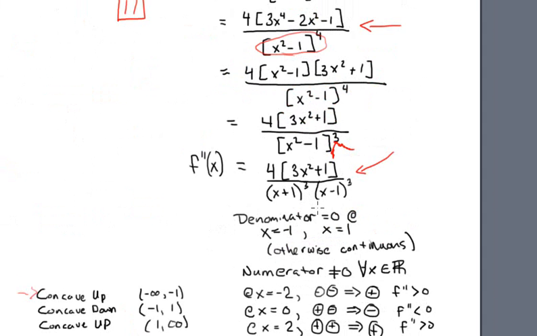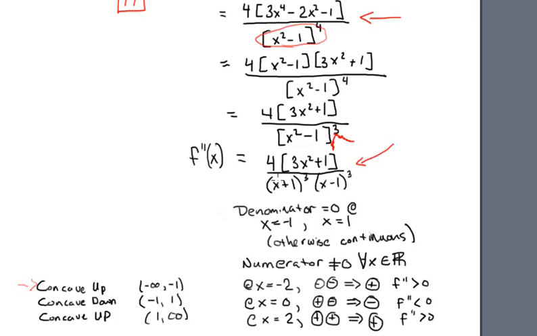And for the other two, if I use a test point of 0, if I throw 0 into here, I get 0 plus 1, 1 cubed, positive, 0 minus 1, negative, so I have negative times a positive, which is negative. So our second derivative is going to be less than 0 between negative 1 and 1.